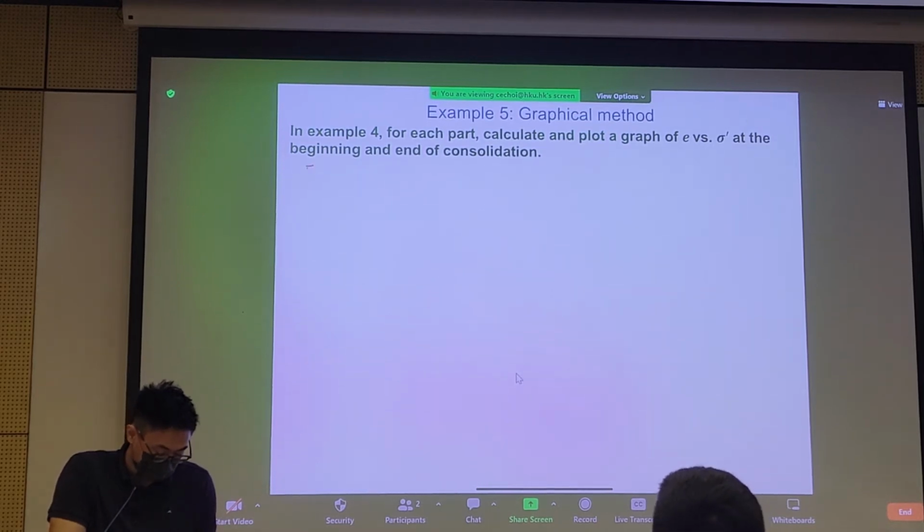So for each part of the question, we know that the void ratio is 0.8 initially.